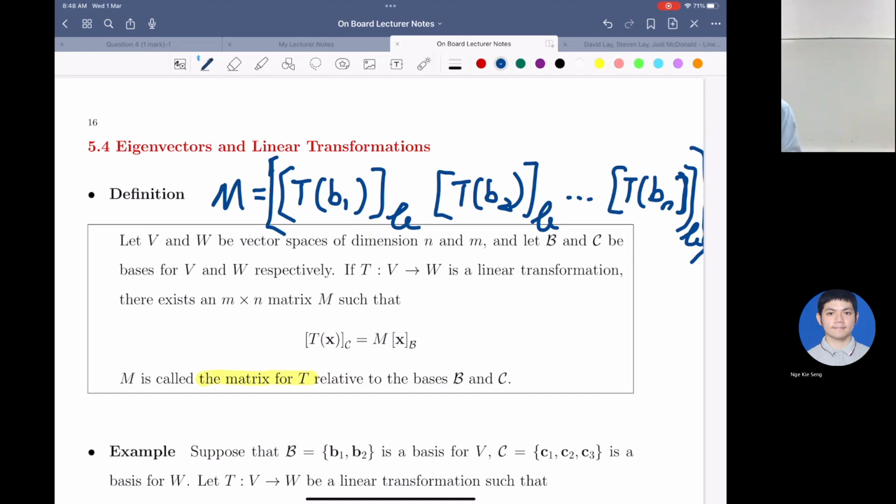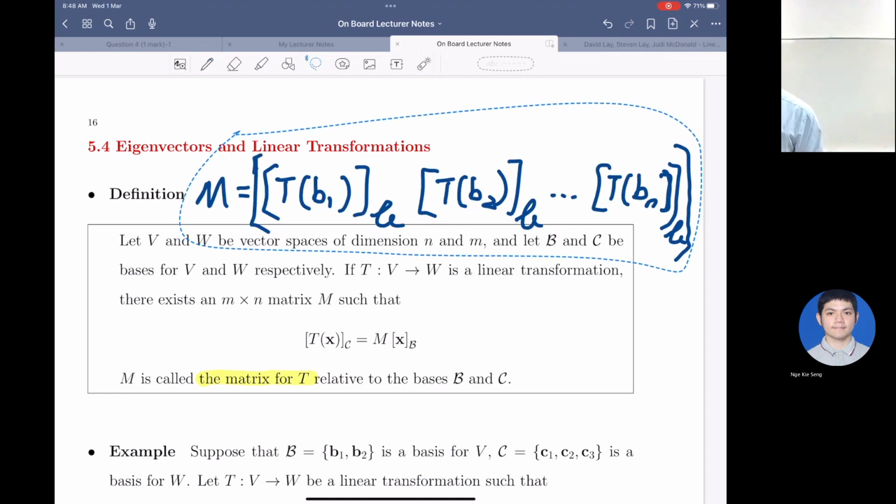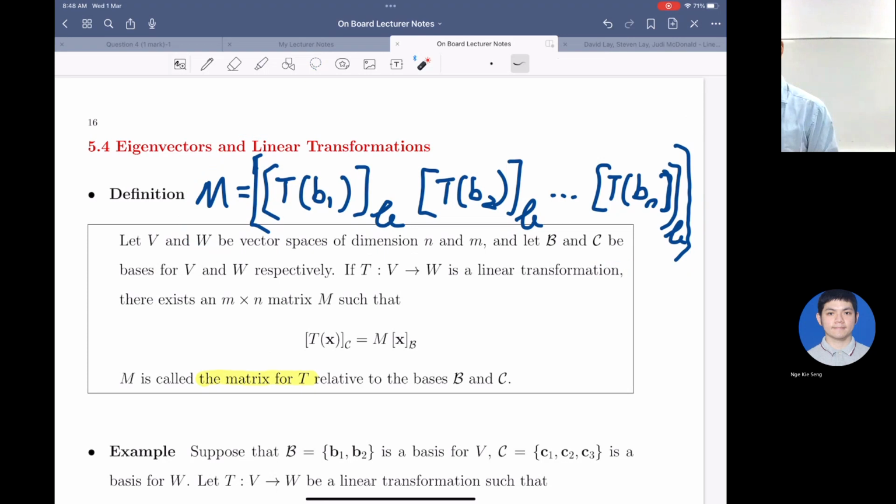All the words are new, alien words. But sometimes I will point out the key point, and you have to really get it. For example, when I say M is this thing, this thing is very important, so you must know it first.